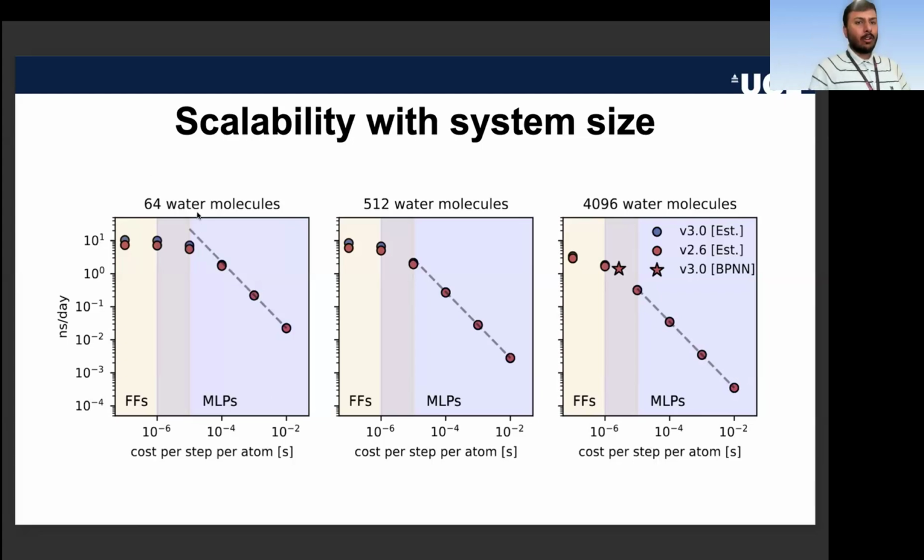And for a very small box, you see that as you reduce the cost of the force evaluation, you indeed see the efficiency plateauing. So here a dashed line shows ideal efficiency, and you see that for force field you are actually in this regime.